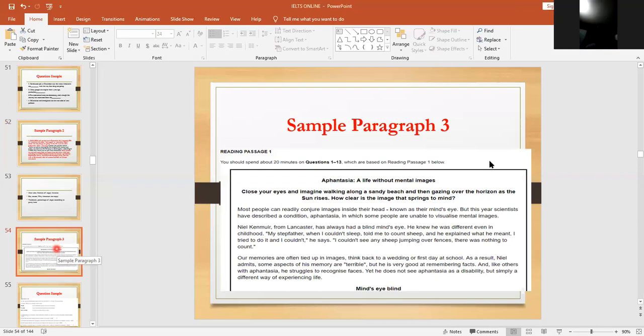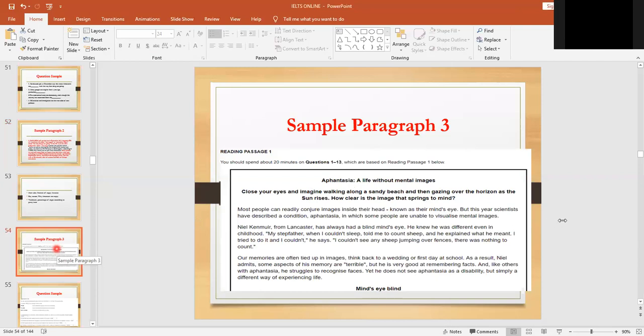No, what I'm seeing is the former one, the sample passage 2. The one I'm just reading about alphantasia, I can't see that one. You can't see? Is it darkness on your side or what? It's the same thing here too. I can only see sample paragraph.